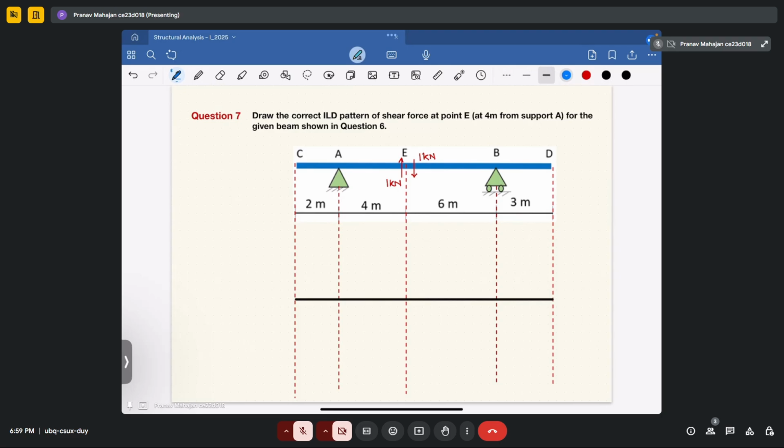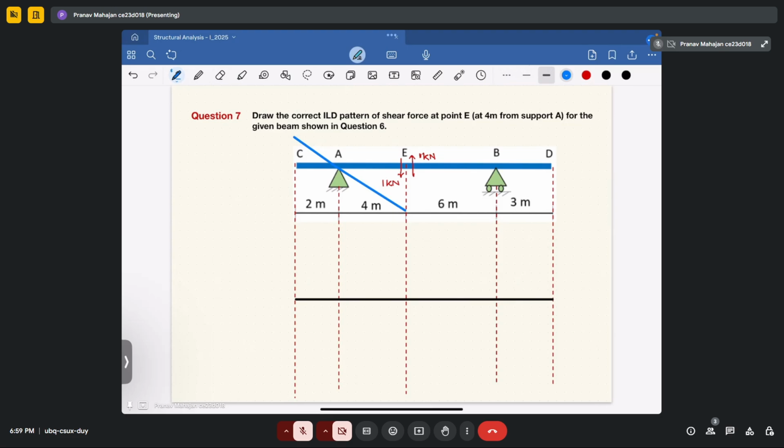I think for the convention I should write it in the opposite sense. Okay, so I should write this to be downwards and this to be upwards. So if this is down, how will your deflection profile look like? Due to this downward shear force, it will be like this, and it will be like this.